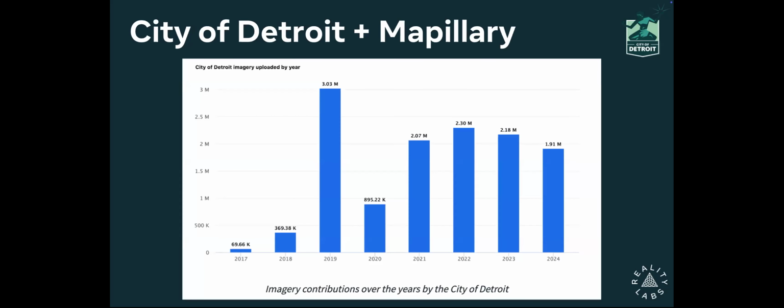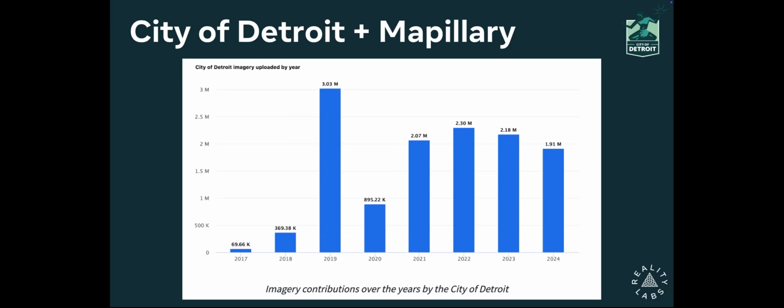They started back in 2017 using smartphones. And in 2019, they won a mayor's technology grant award, and they were able to buy a commercial grade camera. They used that for a couple years. They've since brought on two full-time drivers who drive around the city almost on a daily basis, capturing imagery.